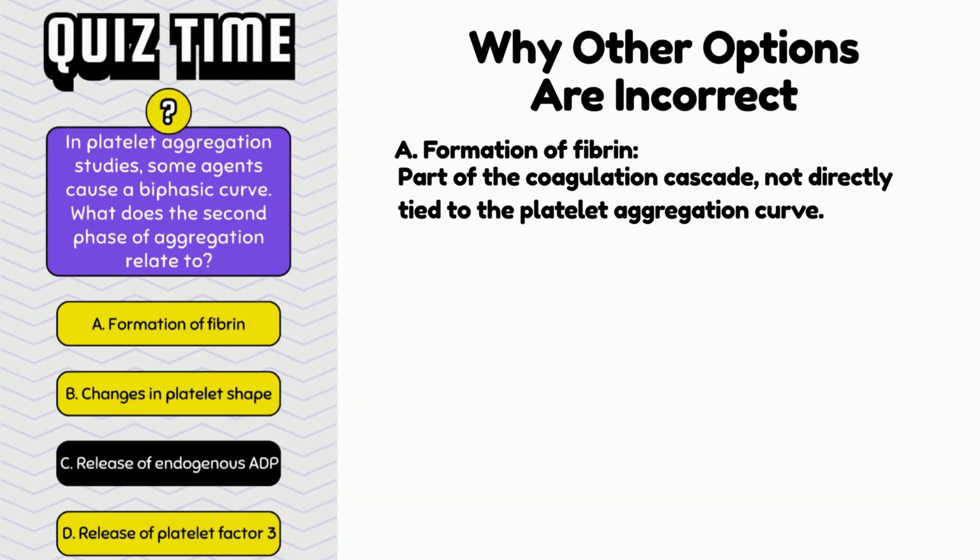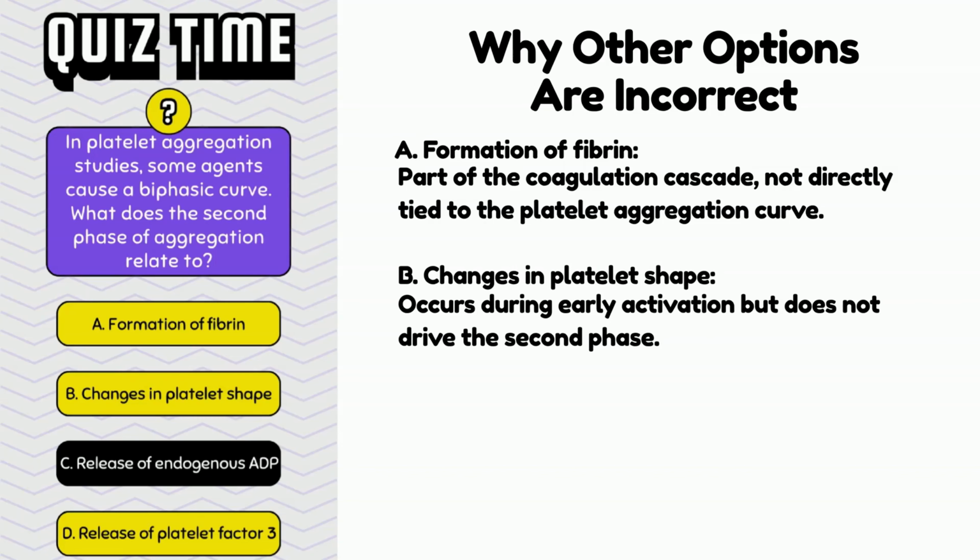Why are the other options incorrect? A. Formation of fibrin. Fibrin formation is part of the coagulation cascade and occurs later in the hemostatic process, after platelets have aggregated and activated clotting factors. It's not directly related to the second phase of platelet aggregation.